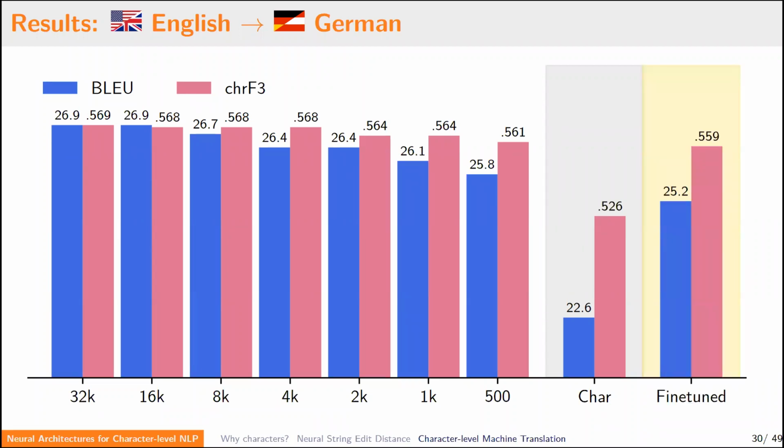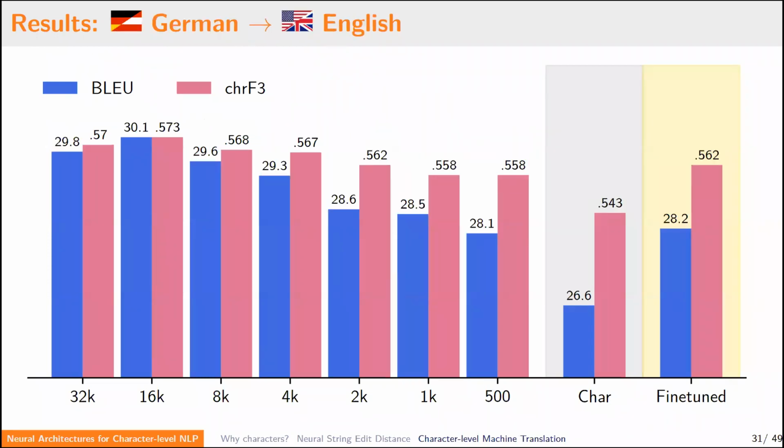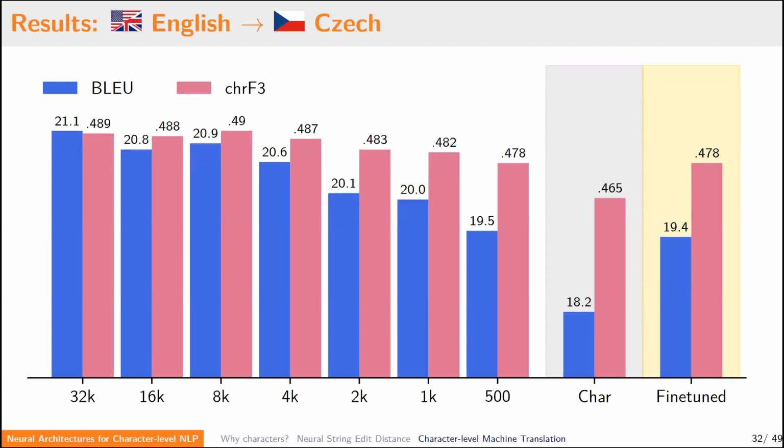And if we instead gradually fine-tune the subword models and slowly reduce the vocabulary, we end up with a much better model, which is still worse than the subword models. The trend is similar if we do the translation in the reverse direction. It's also the same for English to Czech translation.